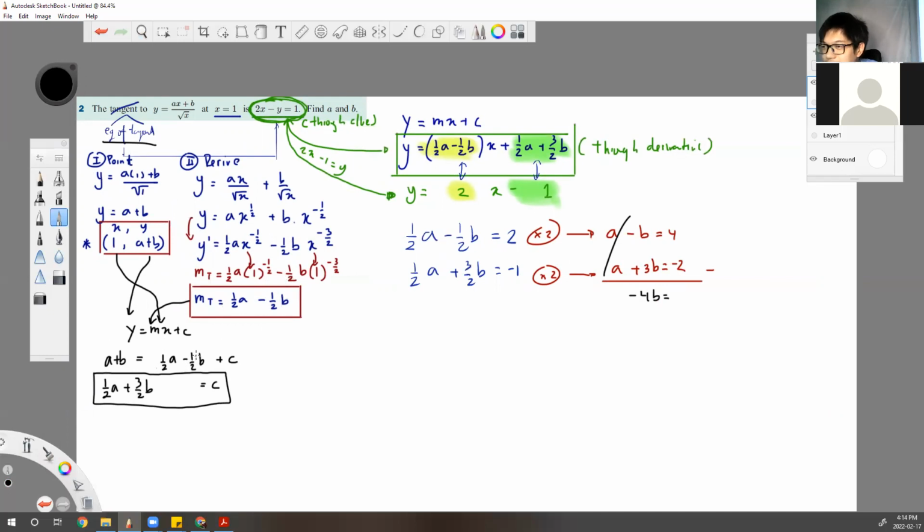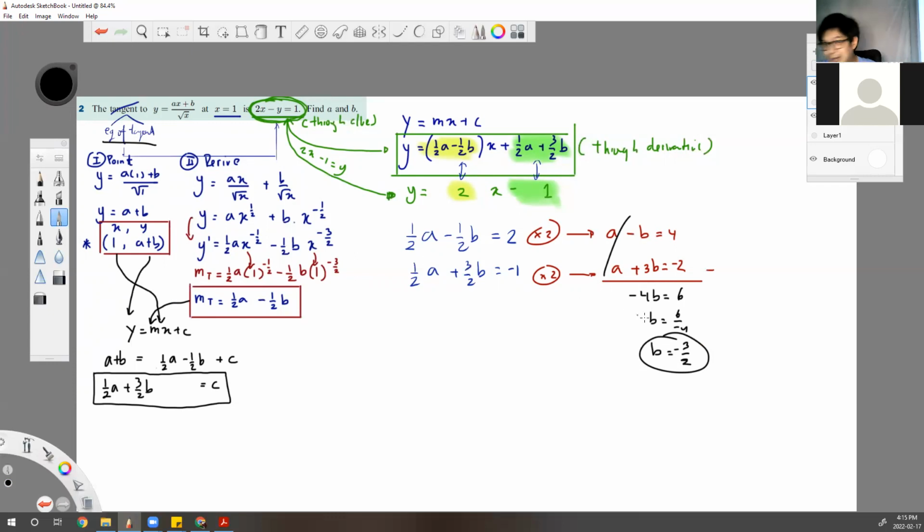You put this, so becomes c. Okay, I get a different answer from the previous. It's 6. So the b will be 6 over -4. So the b will be negative 3 over 2. I put the negative on the left side, and then you can put it here. Wait, -1, c equals -1, y equals 2x minus 1.